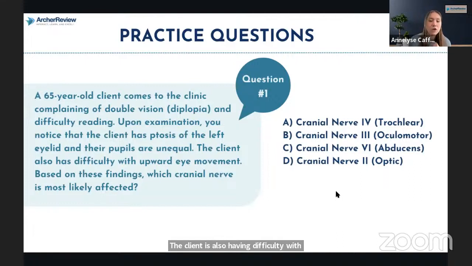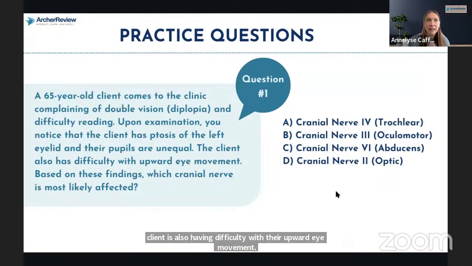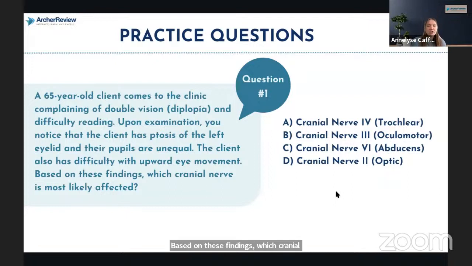Based on these findings, which cranial nerve is most likely affected? Go ahead and drop in the chat what you think the right answer is. Is it cranial nerve 4, trochlear, cranial nerve 3, oculomotor, cranial nerve 6, abducens, or cranial nerve 2, optic? So go ahead, everyone, put your answers in.